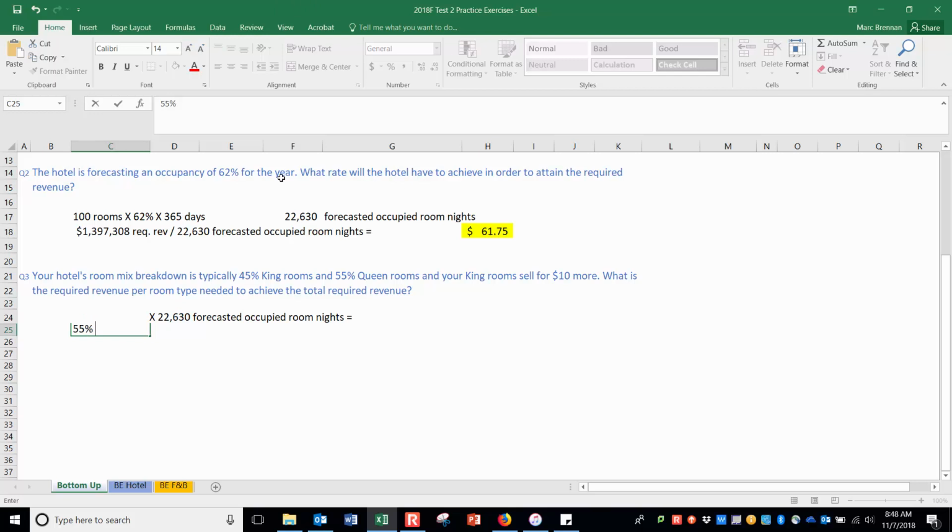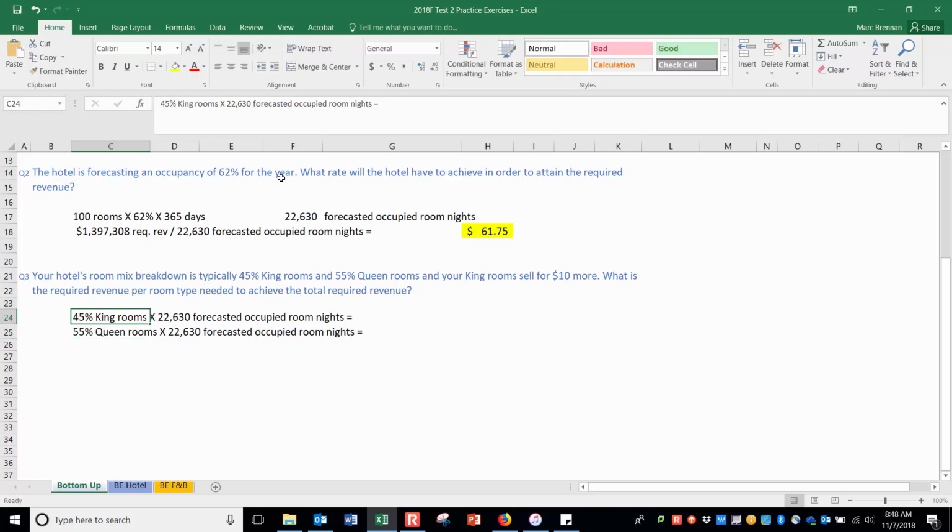so 55% queen rooms times, again, the 22,630 forecasted occupied room nights. Okay? So all I'm doing is, of these forecasted occupied room nights, the 22,630 overall, I'm saying normally 45% are king rooms and 55% are queen rooms.